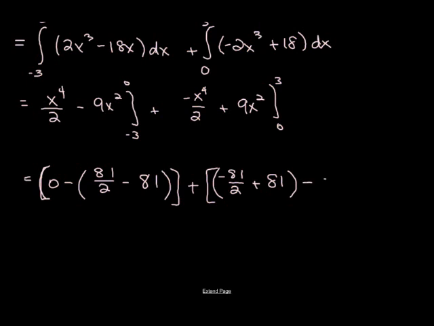Plugging in 0 gives us a -0, which gives us a total of 81 square units.